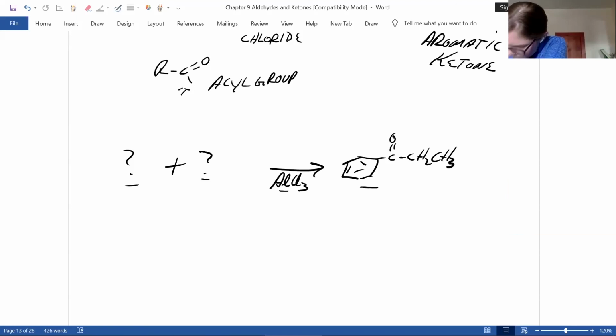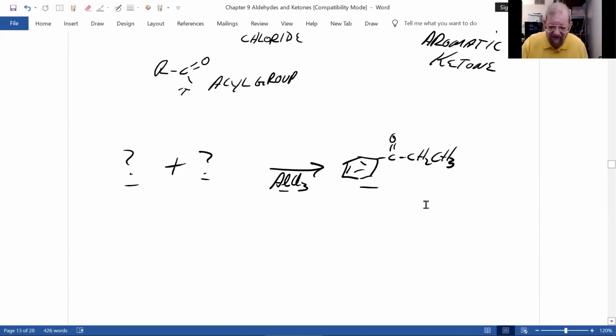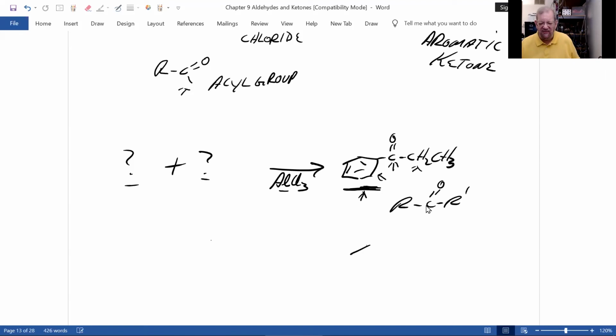All right, I think everybody is done. Let's take a look. And if we look at here, what are we trying to make? What's different? Ooh, I got a carbonyl. I've got carbons here, carbons here. This is a ketone, but this is a special ketone. One of the R groups of the ketone is a benzene ring, and it's an aromatic ketone.